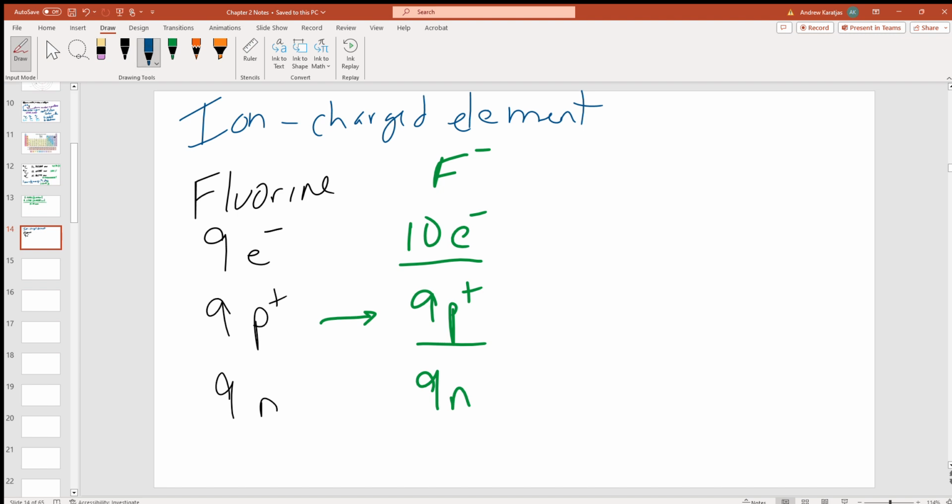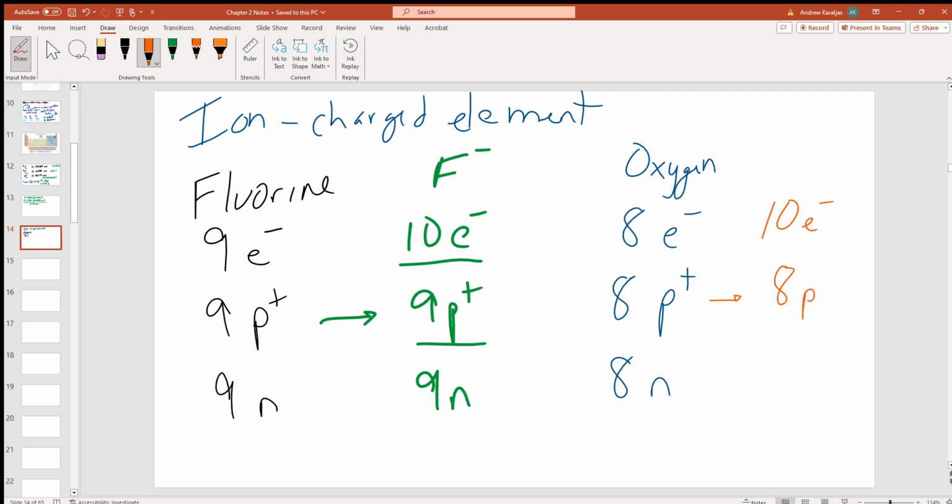If we were to somehow add 2 electrons to something, and we wouldn't do that for fluorine, but if we went one element over to the left to oxygen, oxygen has 8 electrons, 8 protons, and 8 neutrons. So we could add 1 to it, but it turns out with oxygen it's more common that we would add 2 electrons and get 10 electrons, 8 protons, and 8 neutrons.